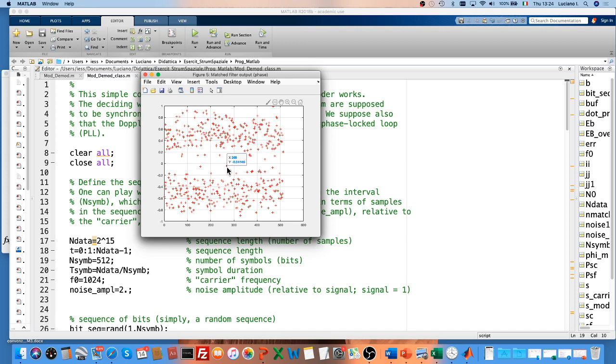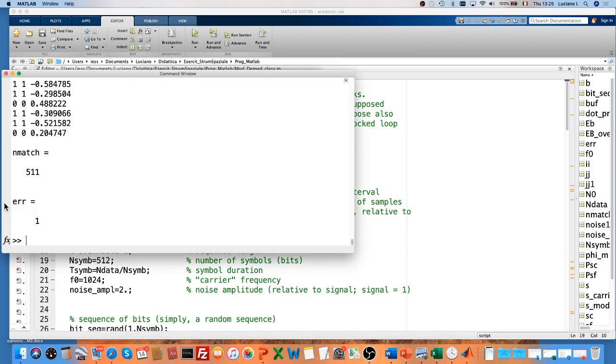And we don't really know whether this is an error or not. All right? Let us see what is the outcome. We have one error, only one. We are running in a dangerous situation, so we have one error over about 500 transmitted bits.